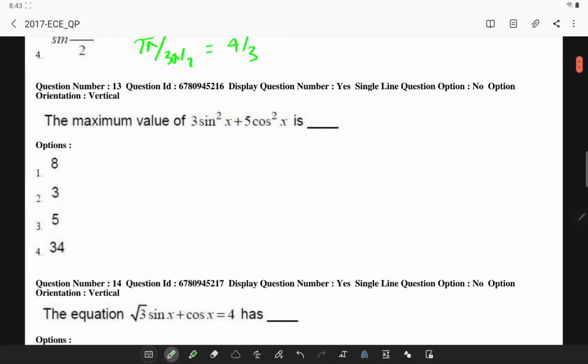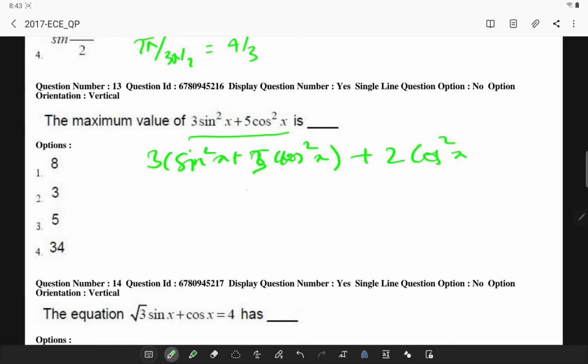Next, what is the maximum value of 3 sin square theta plus 5 cos square theta? If I take 3 common, 3 sin square x plus 3 cos square x, I will be left with 2 cos square x. This value is 1, so 3 plus 2 cos square x.